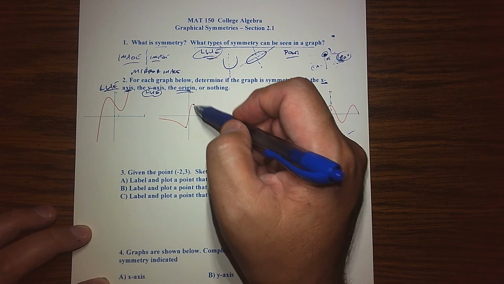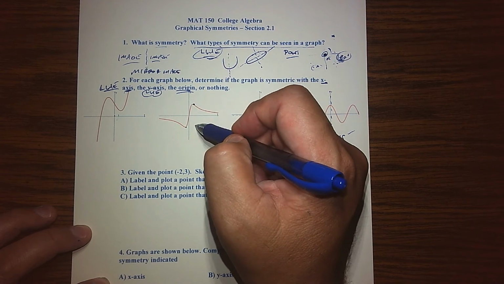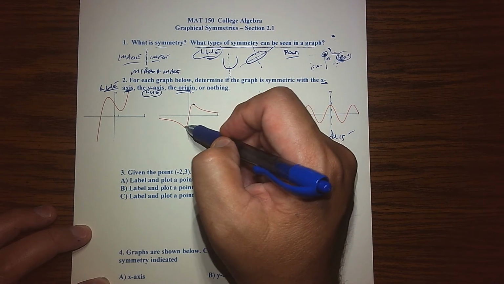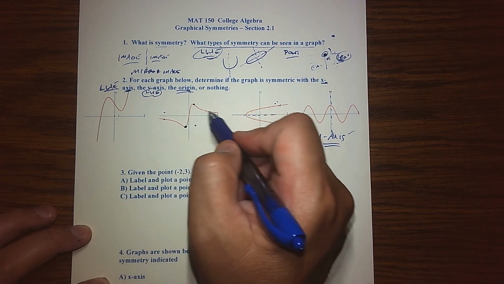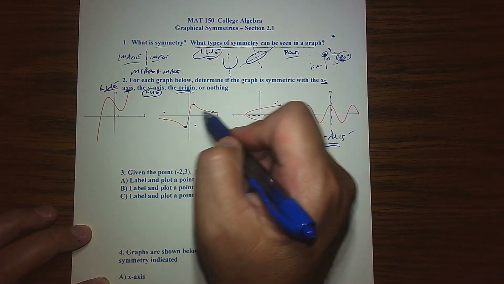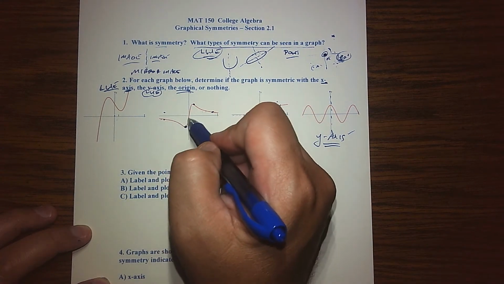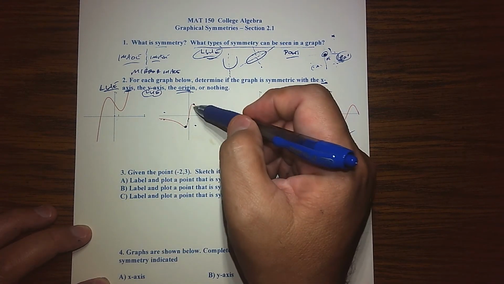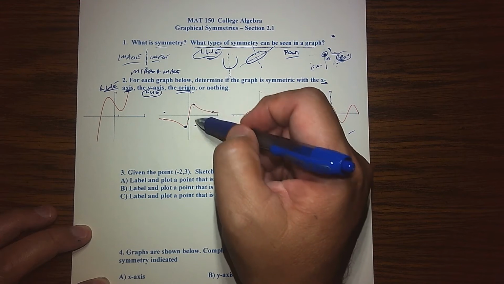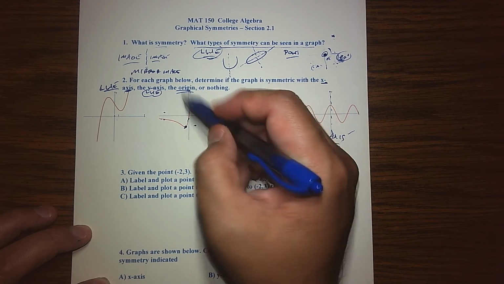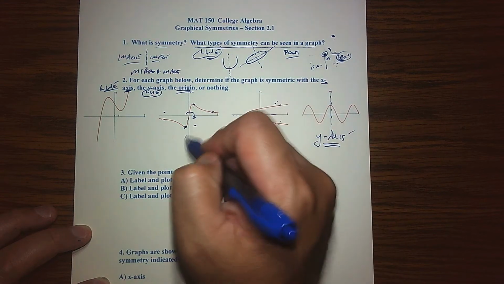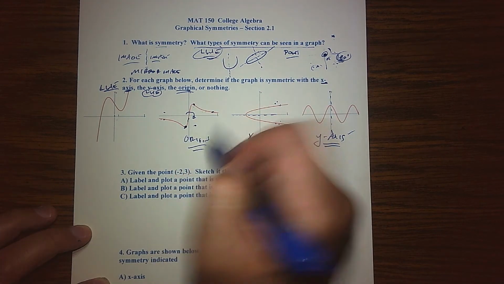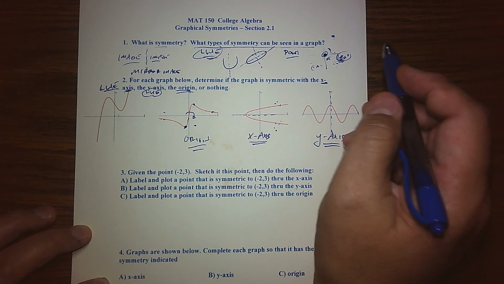If I mirror image across the x and then mirror image across the y, I'm right there. So these data points here and these data points here, you can think of it as a double flip through the x and the y axis, or what's really going on is we're rotating 180 degrees and getting the same picture. So that one is symmetric about the origin.